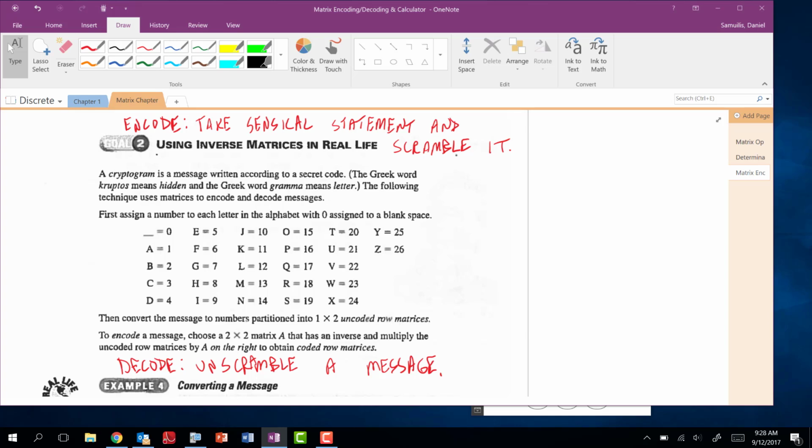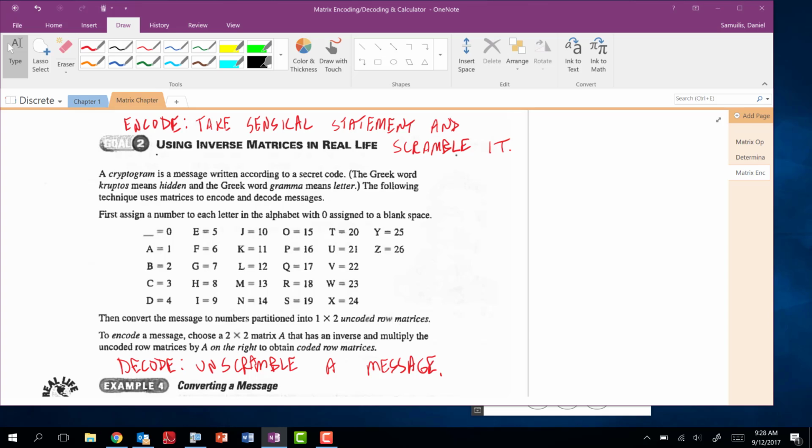So encode means take it from knowing what it is and turning it into a secret. And then to decode means to unscramble the message. That means bring it back from nonsensical to sensical, if I'm using too big of a word.